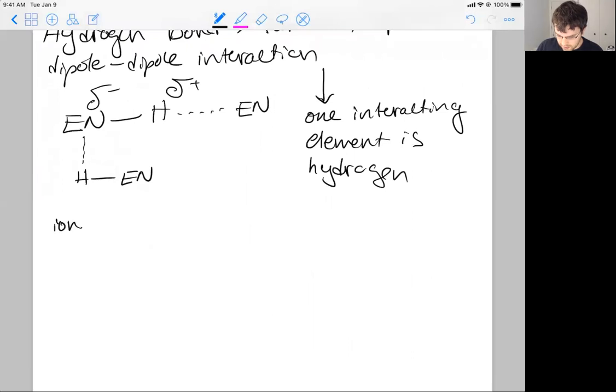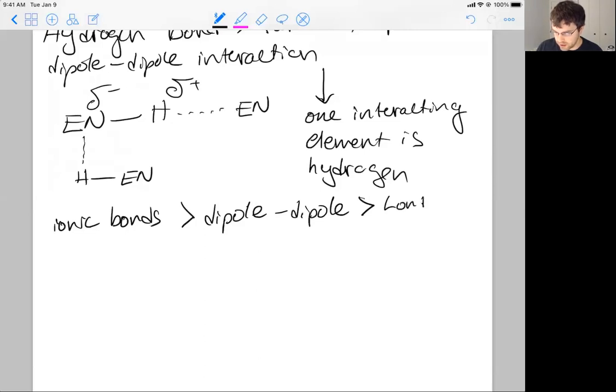Okay, I said I wanted to move on to the next interaction. So we have ionic bonds or electrostatic interactions, and these are not as strong as dipole-dipole interactions. And the least strong, but one that we should talk about, are the London dispersion forces.